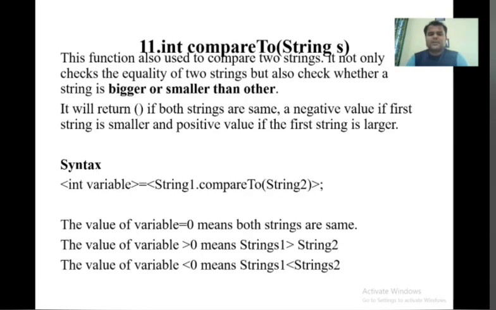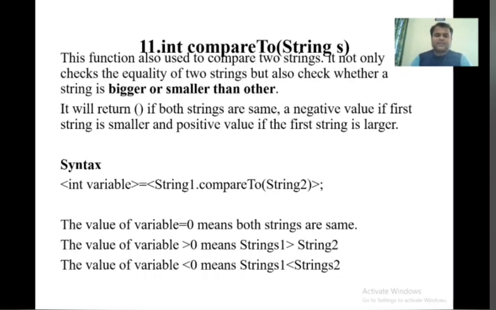The 11th one is compareTo. In the last two functions we check whether the two strings are equal or not. Here this function is going to compare the two strings, checking whether one string is bigger or smaller than the other.